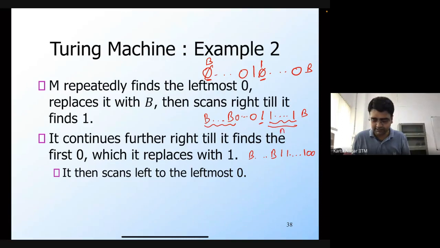So these are n and these are n plus 1. I need to make sure that there are m minus n zeros still on the tape, and I can do this by converting all of these to blank again, and then converting this 1 to 0.